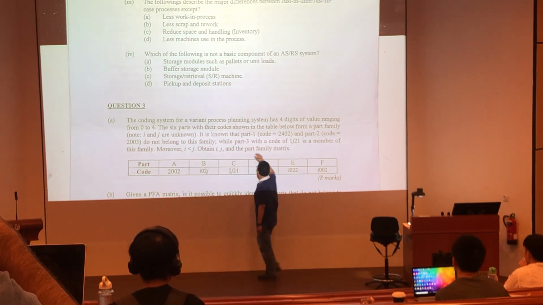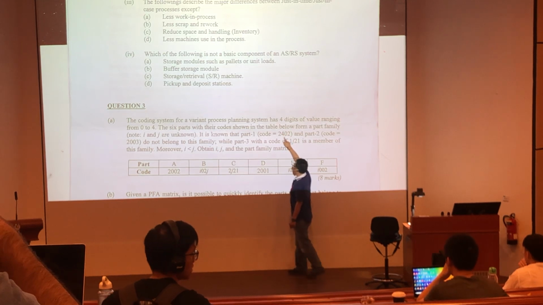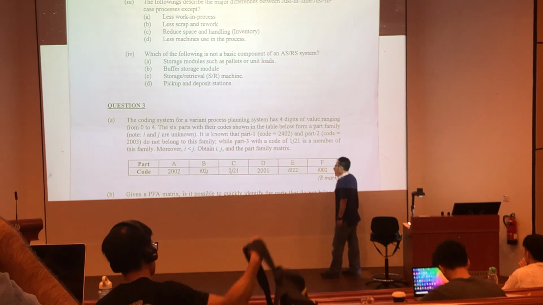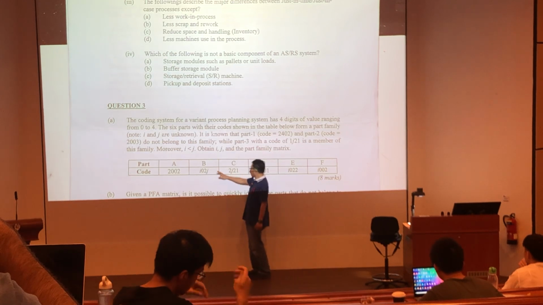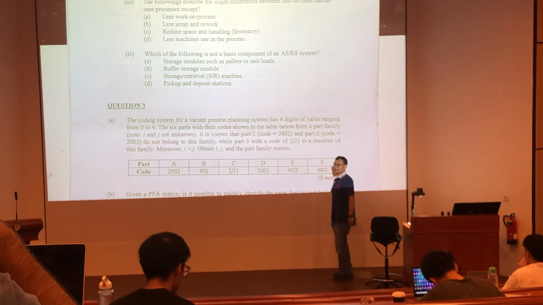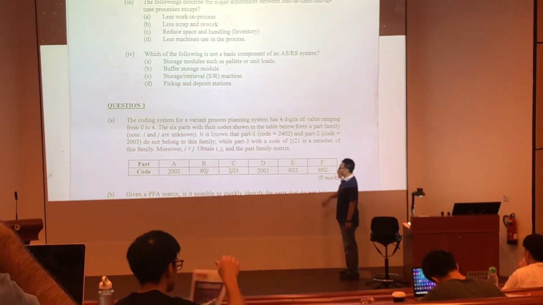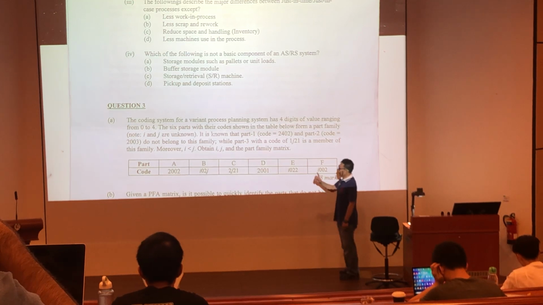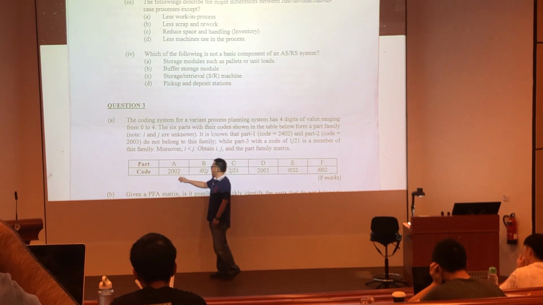So we have to make sure that for the second digit, there's no 4 here. So for the second digit, we have a J here. There's no 4, so J not equals to 4, right? It can't be 4. Similarly, for this 2003, 200 exists in the first code.